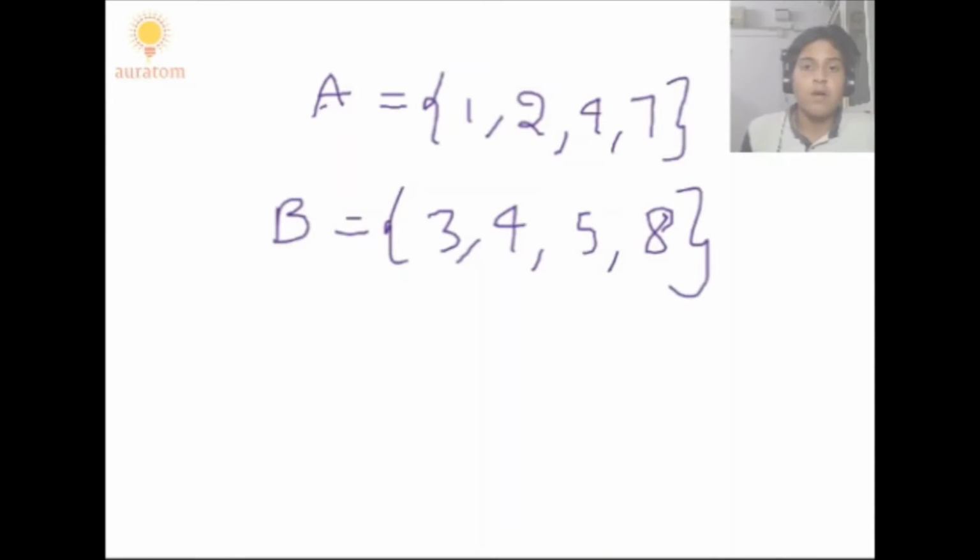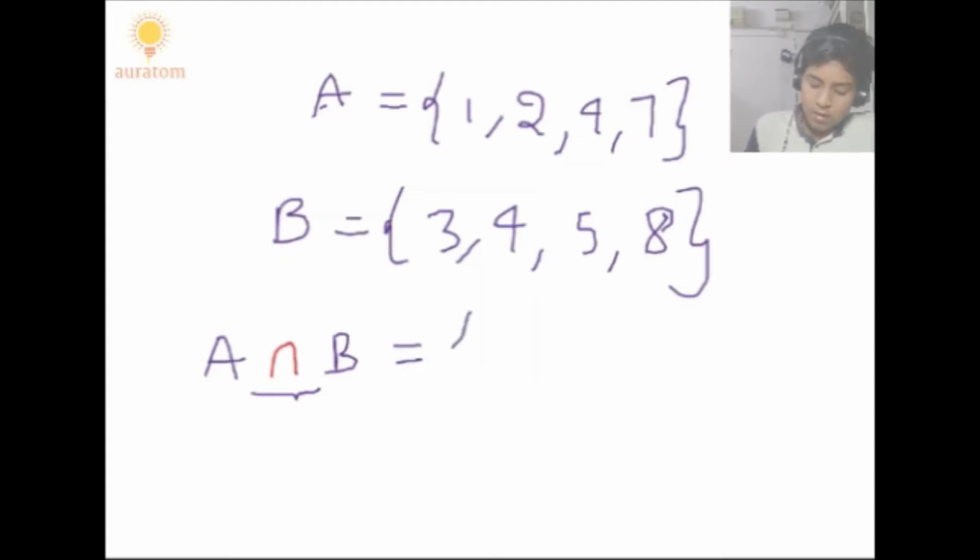Okay, now let's define the first operation. The first operation is the intersection operation, which is A intersection B. This is denoted with this inverse U symbol, and what this operation does is it brings a new set which contains the elements which are common to both A and B. So the element common to both A and B is 4, right?